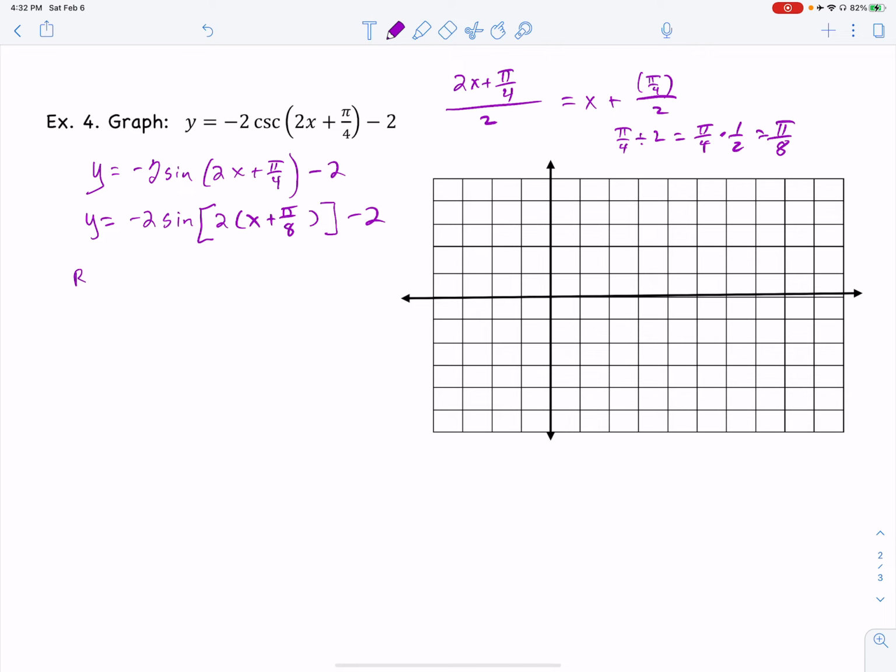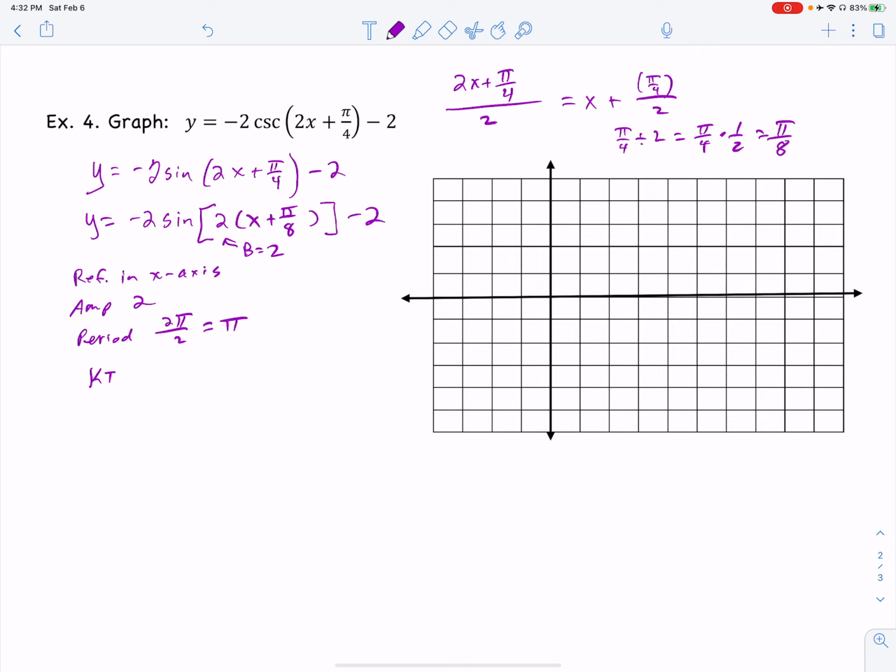So here you have a reflection because it's negative in the x-axis. You have this amplitude's always positive 2, and the period on this is 2 pi divided by b, and b is 2. So the period on this is pi.